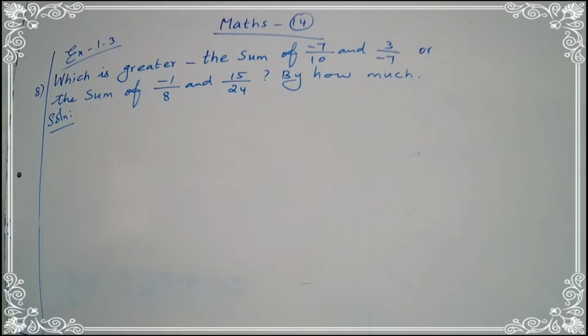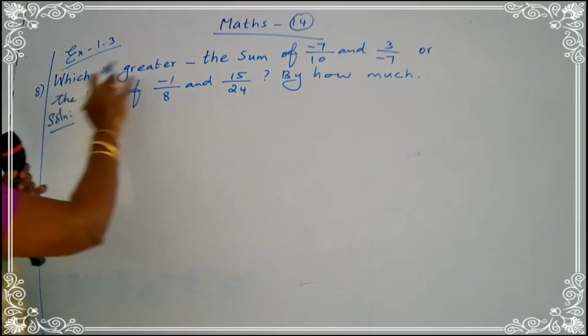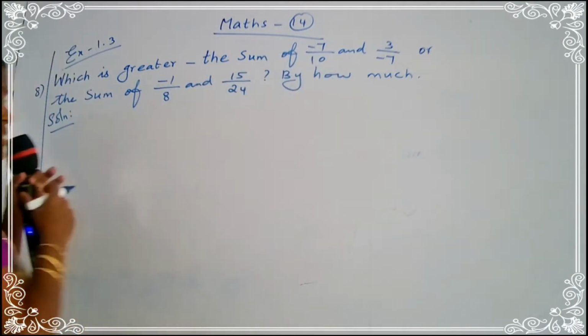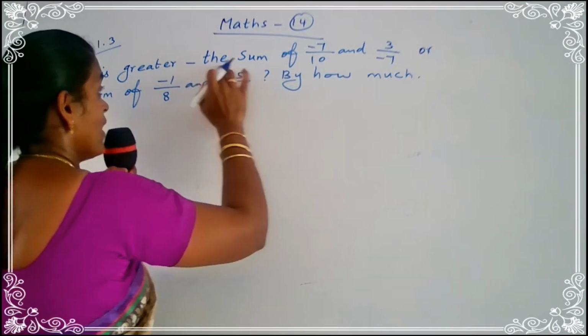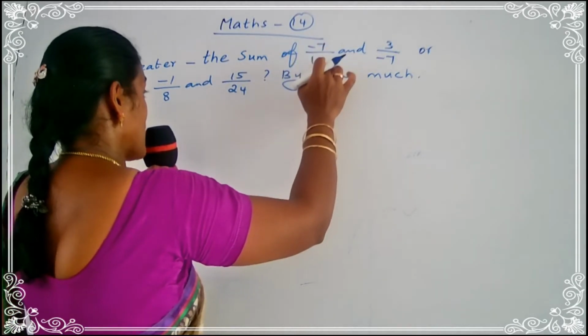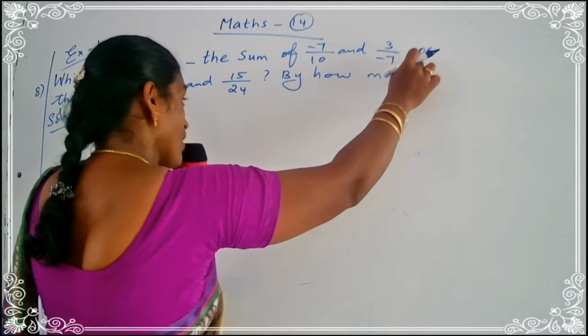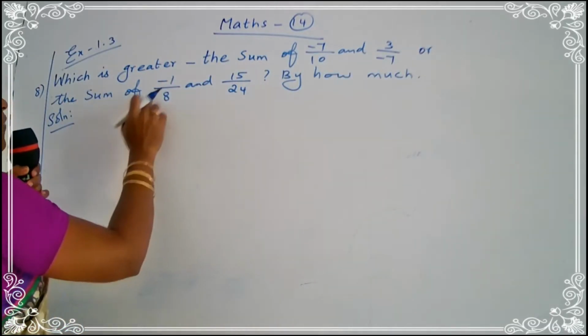Okay. So what question have they given you? Which is greater? The sum of minus 7 upon 10 and 3 upon minus 7, or the sum of minus 1 upon 8 and 15 upon 24.